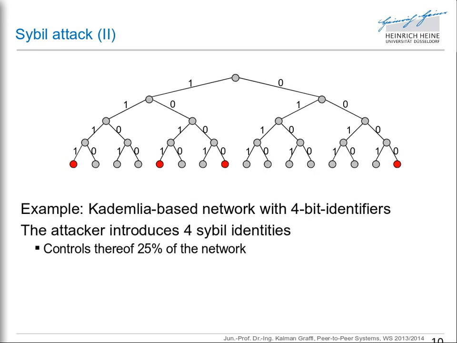Here we have an example in Kademlia with 4-bit identifiers and 4 Sybil identities, which are marked red here. So in this case, the attacker controls 25% of the network overlay. This network is not quite big, but on failing, the stabilization of this overlay may also take a while.